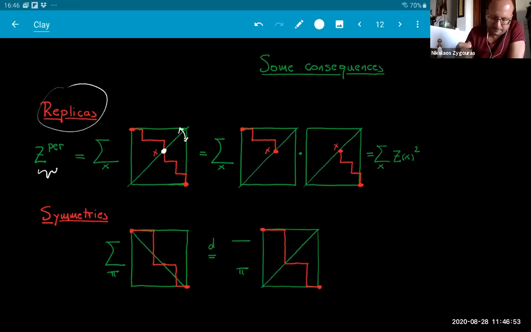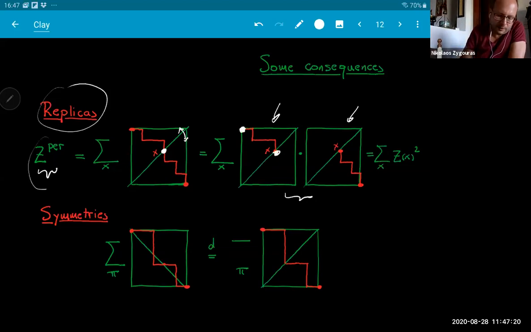Well, the paths are independent, just the path moving upwards and below. So I can decompose the partition function going from the upper left corner to the down right corner as a product of two partition functions. And these are point-to-point partition functions because I start from here and I end up here.